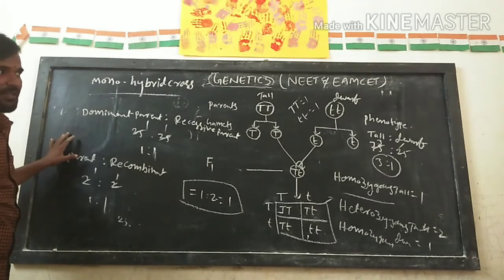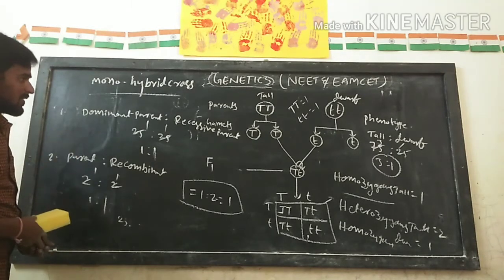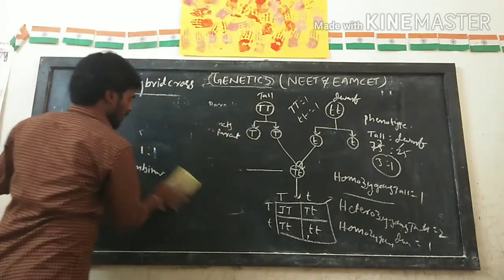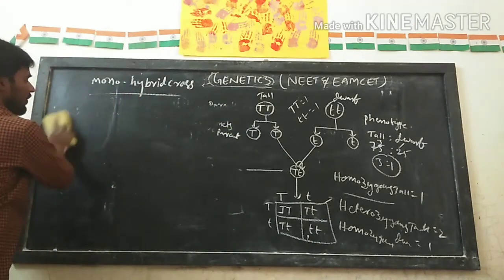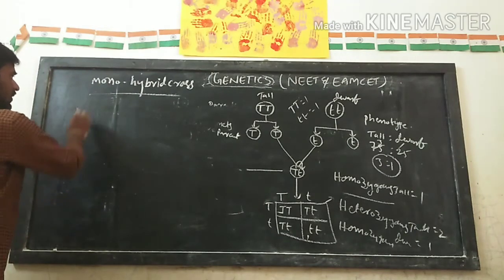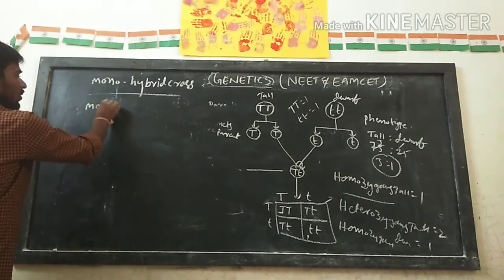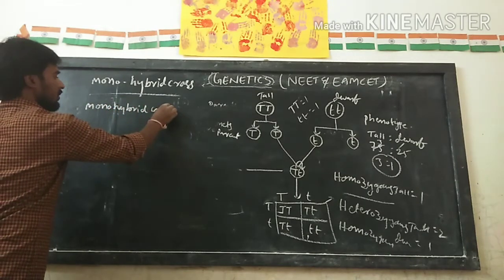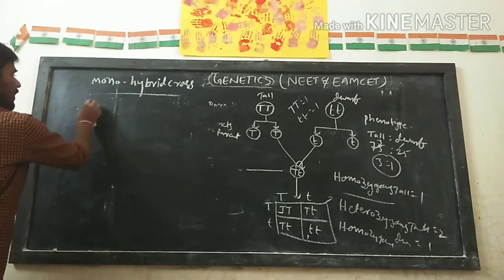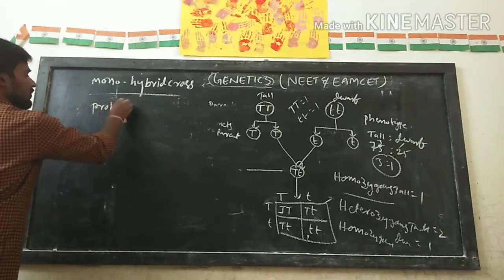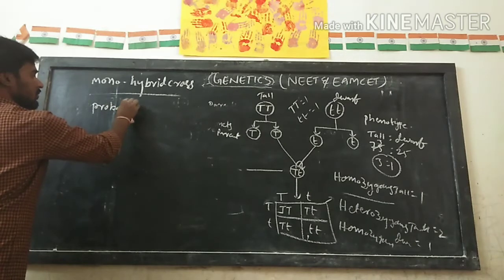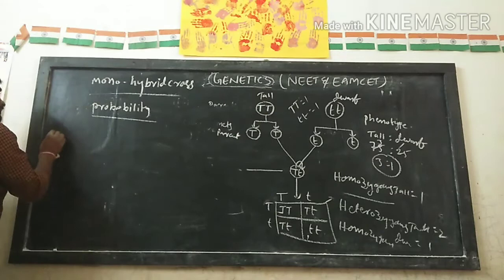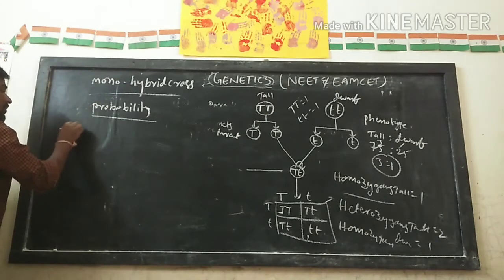They commonly ask these in EAMCET and NEET. At the same time, they often ask about probability using the monohybrid cross. What is the probability of the tall?